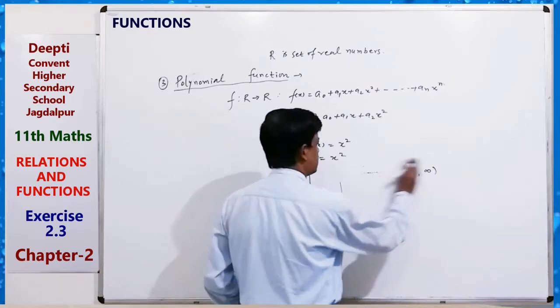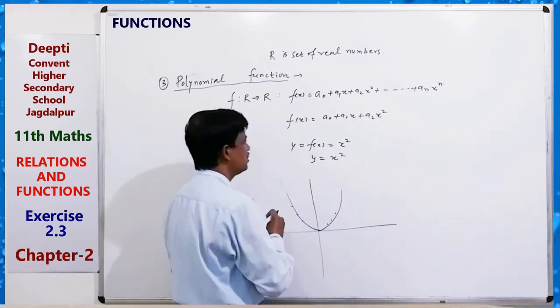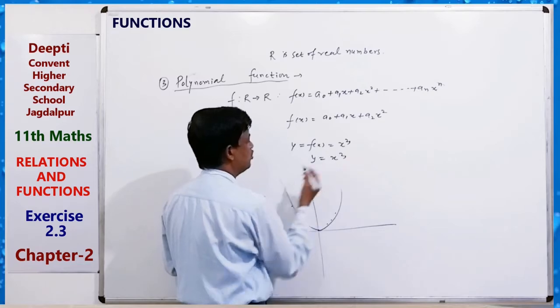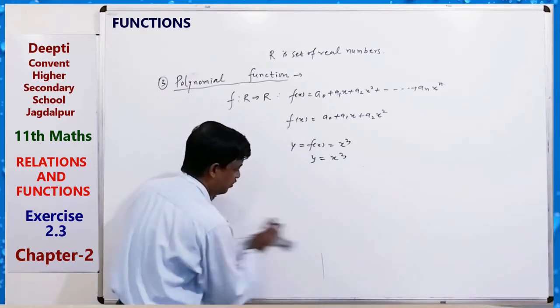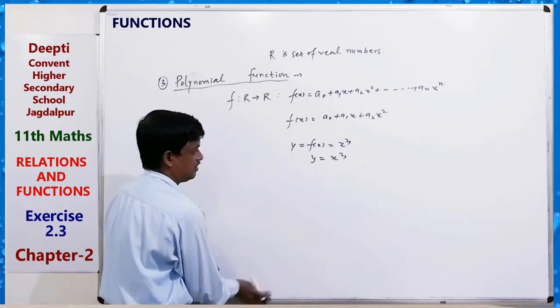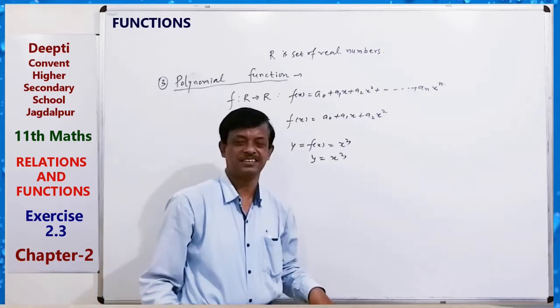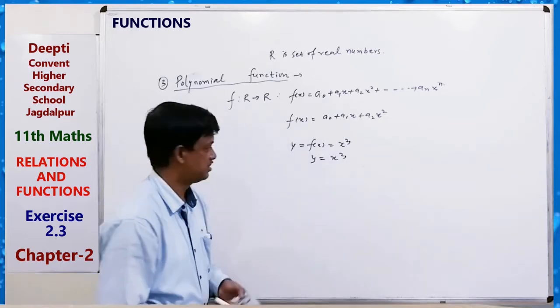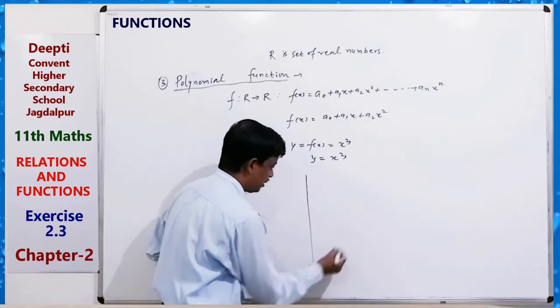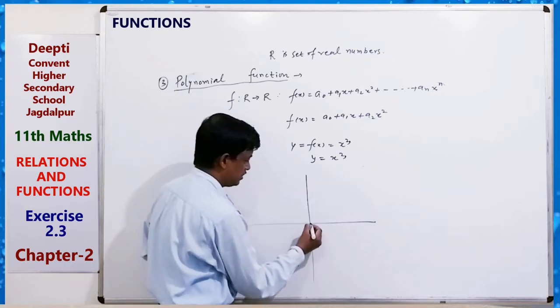Similarly, there are some graphs. Suppose a cubic polynomial, then its graph. Always remember these five or six functions and their graphs. The graph of x cube is just like this.